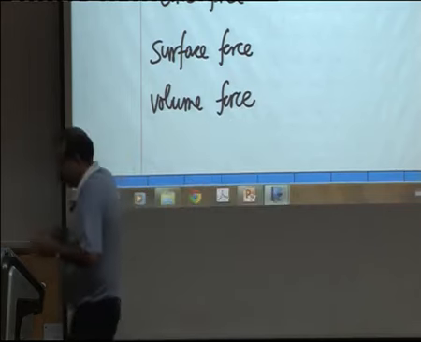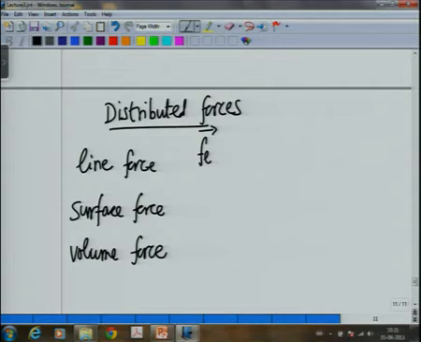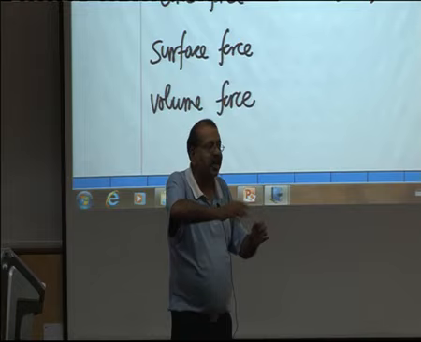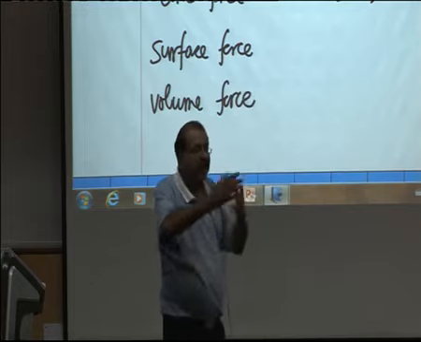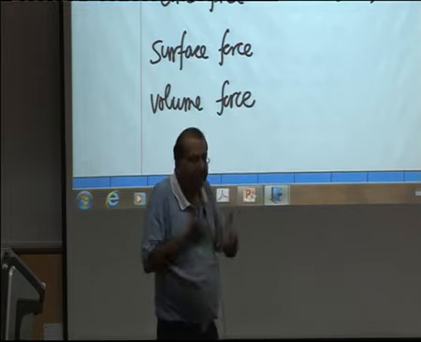So here the force, if I represent it as F sub L, the unit of this has to be Newton per meter, because this is force acting along a line. So if I go 1 meter along that line, then the force will be FL for that 1 meter length.